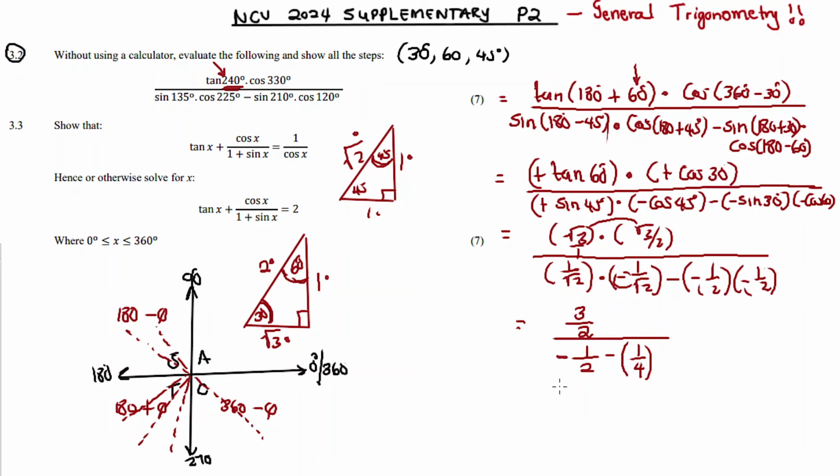Am I missing something? So this multiplied by that, yes, this times this, it's 4. Alright, did I miss something though? I feel like I did.